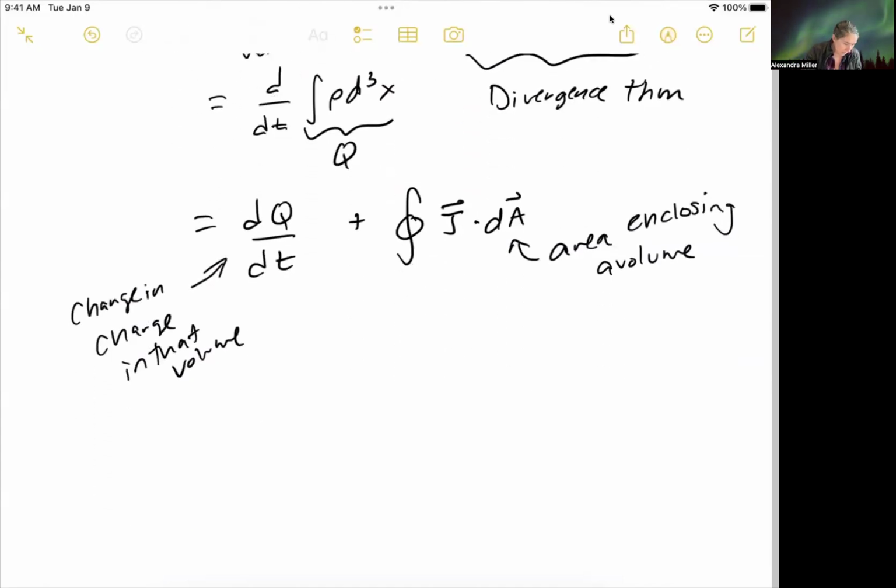And to make this really explicitly clear, this is all equal to 0, right? We can move the dQ dt to the other side and say dQ dt is equal to negative this integral.